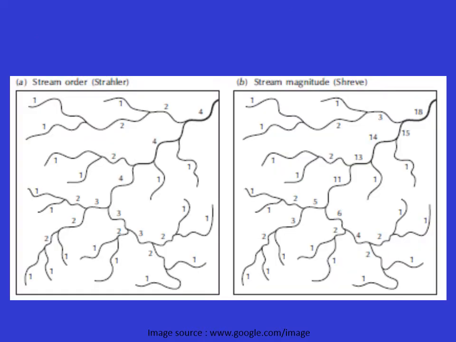Now next is stream ordering. Stream ordering is: whenever a smaller stream meets with another stream, then two smaller streams when they meet with each other make a higher order stream. That means when the water of two rivers meets, then after the meeting point, the entire water of those two rivers is now flowing through a single channel.